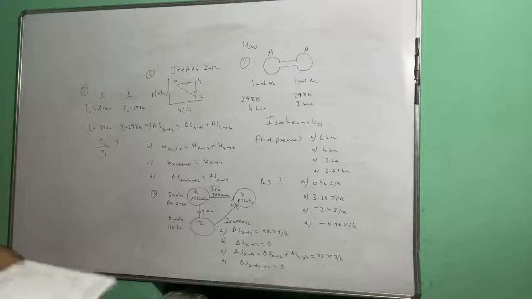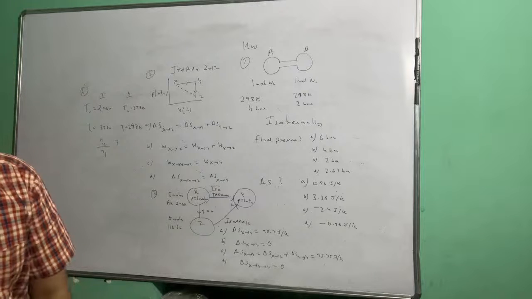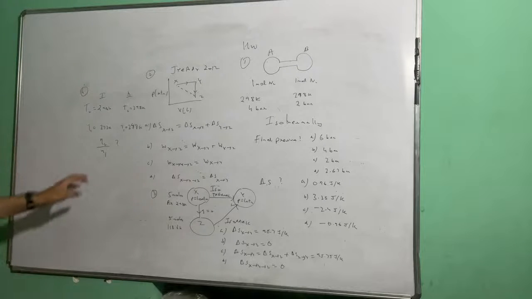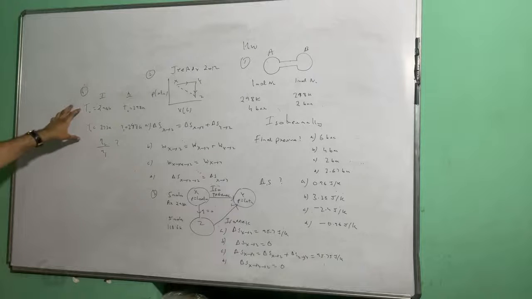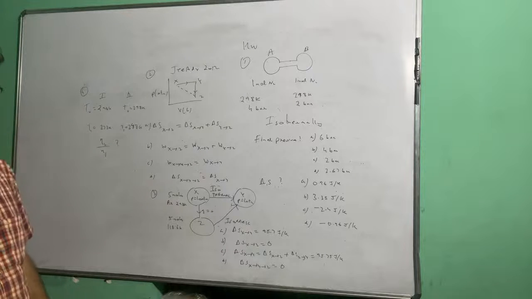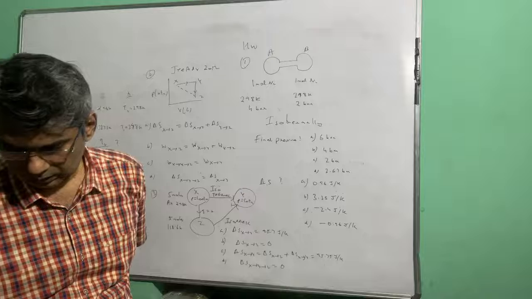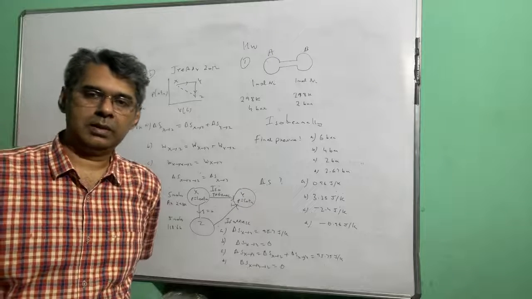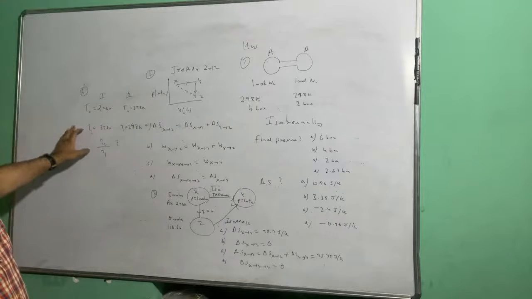Okay, and the last homework question for today is that a system is undergoing a Carnot reversible cycle between temperature T2 and T1.